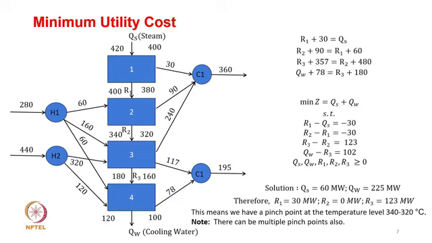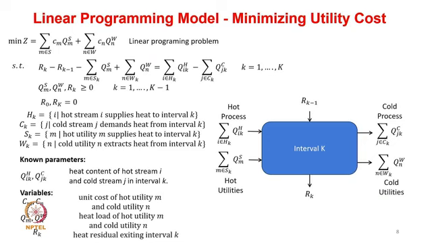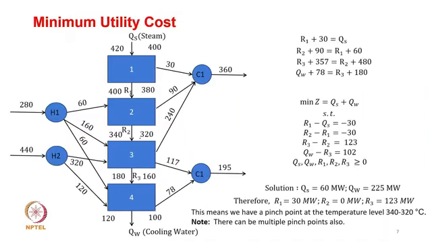Now, as we have illustrated one example, we will move on and try to formalize this by means of a standard optimization procedure. So let's try to make a standard linear programming model for minimizing the utility. What we see on the right hand side is the schematic of an interval, corresponding to one of the intervals we have seen here.